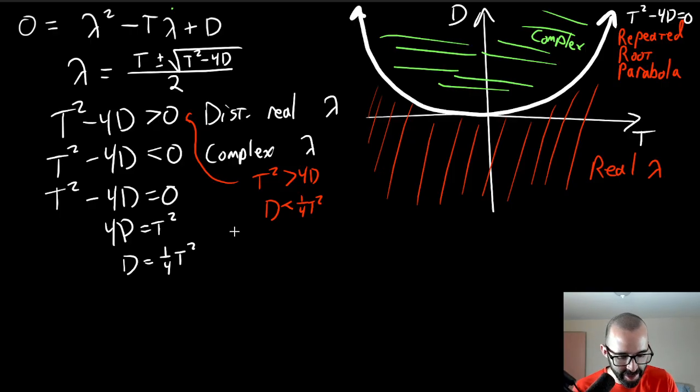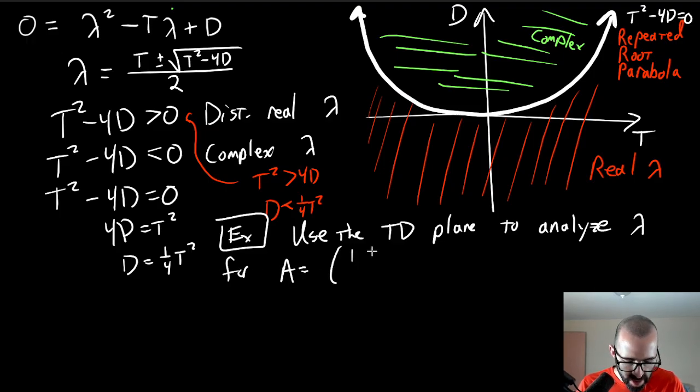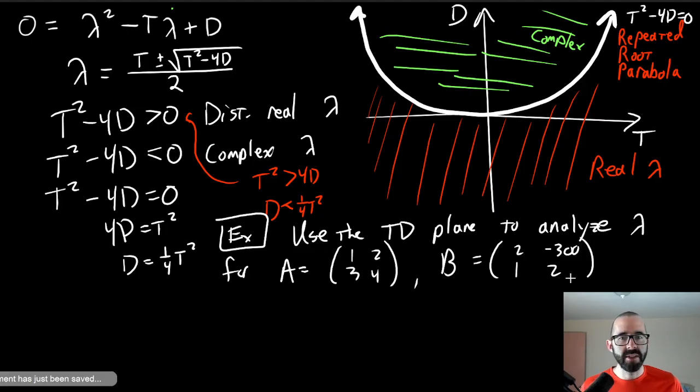Let's use the trace-determinant plane to analyze the eigenvalues for a matrix that looks like 1, 2, 3, 4, and for a matrix that looks like 2, negative 300, 1, 2.